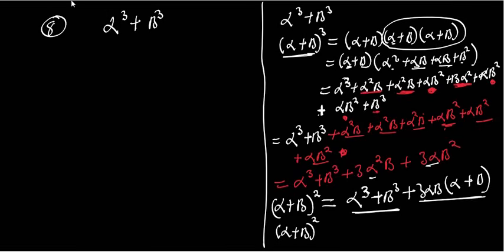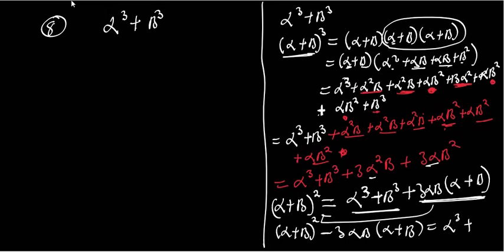I'll get this part here. It will go this side. So meaning that it will be minus here, right? 3 alpha beta, then (alpha plus beta) equal to alpha cubed plus beta cubed.